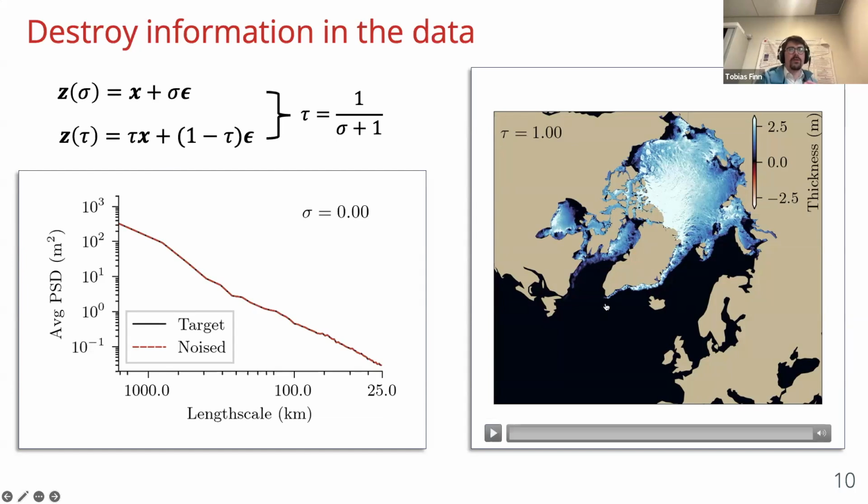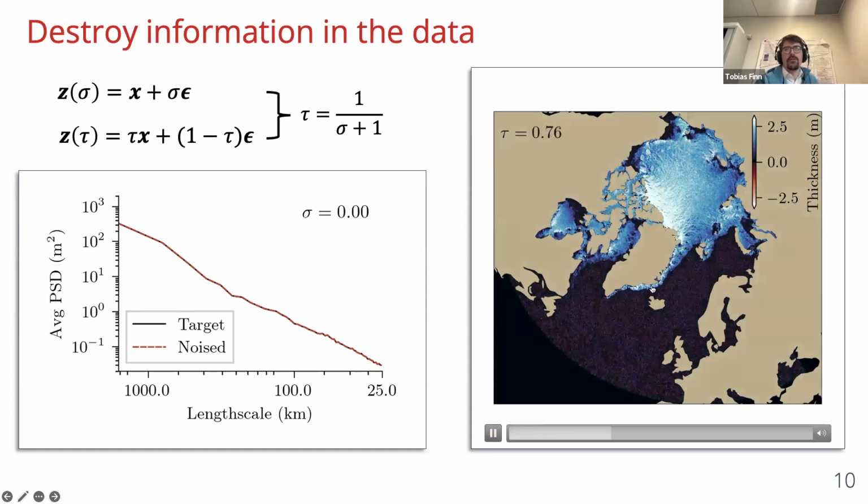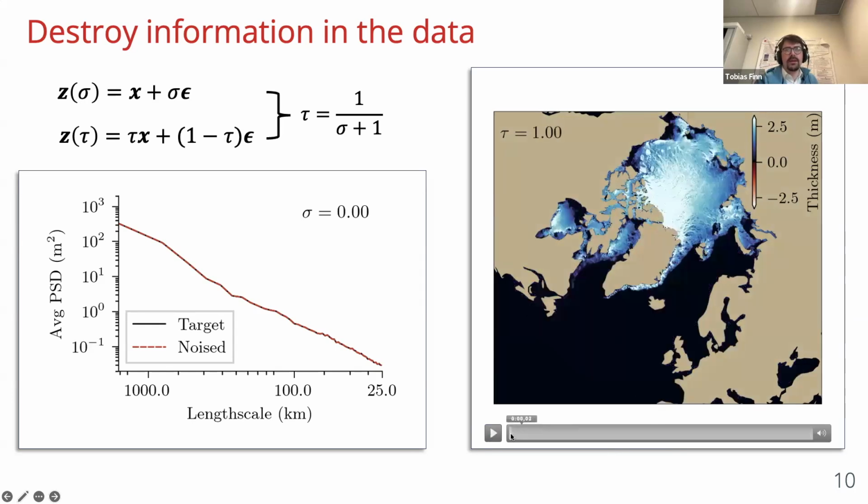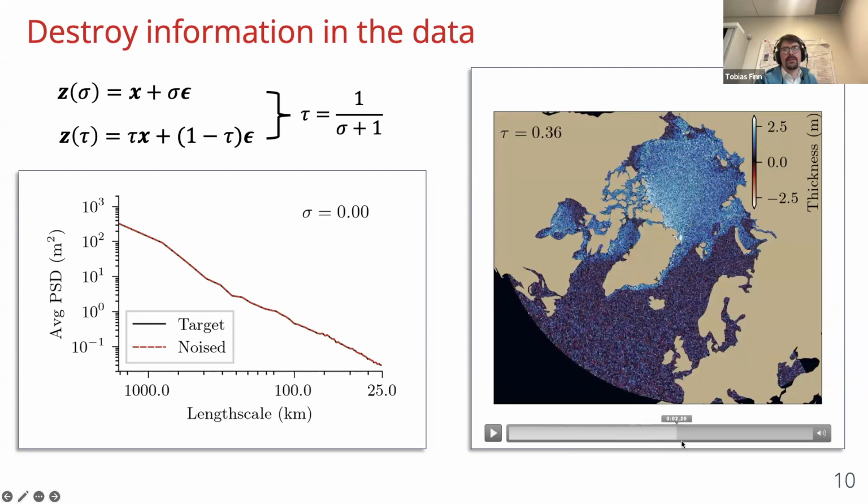It is a so-called sub-variance preserving process, because if we choose tau, for example, 0.5, the variance is smaller than in the original. And so if we now go forward in space, we can see that in the beginning we basically destroy small scale information until we then destroy also large scale information.